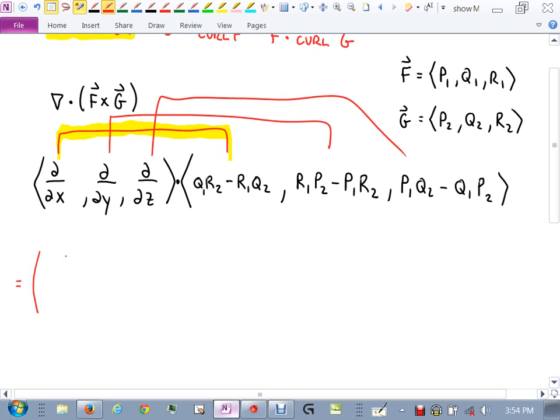I'm going to do the partial with respect to x of Q1 R2 minus R1 Q2. P1 and P2, yes.